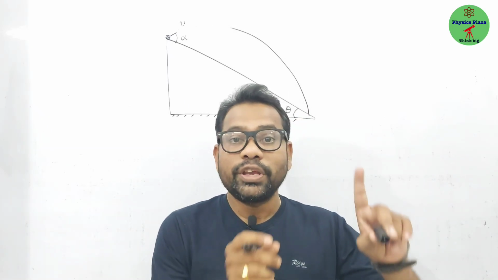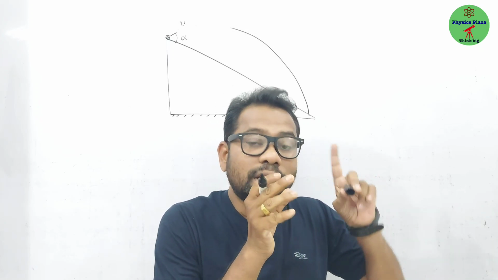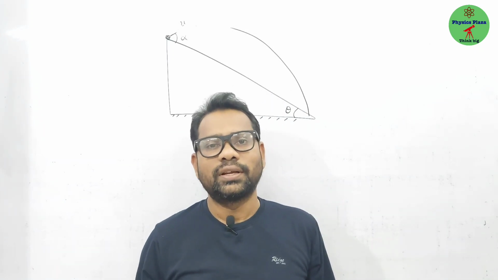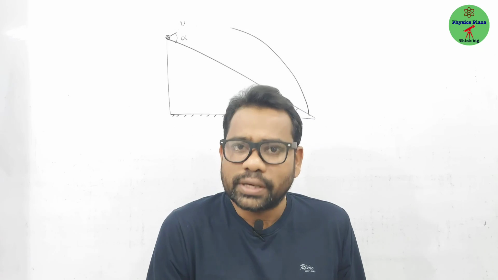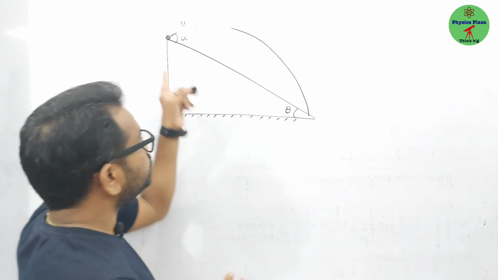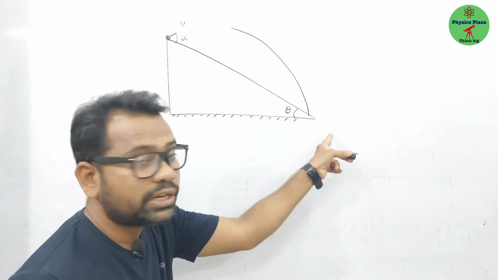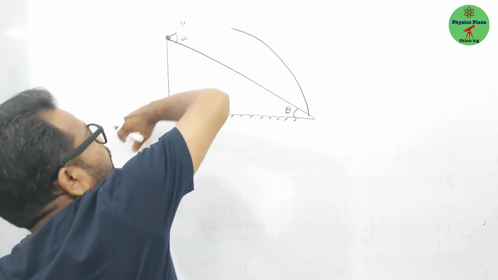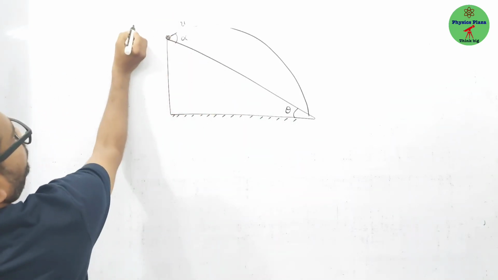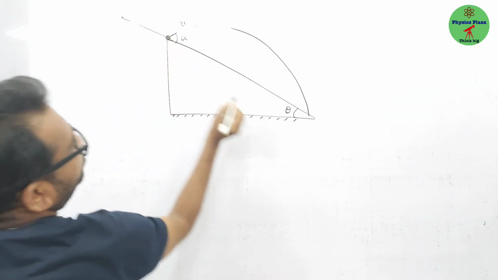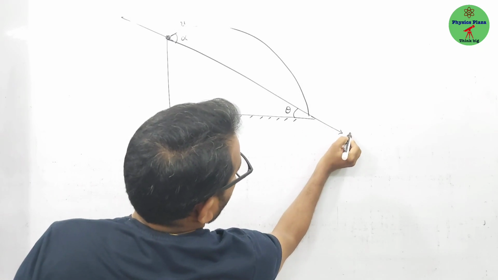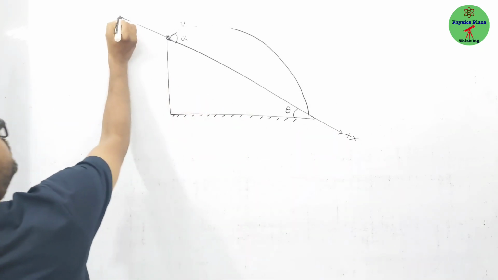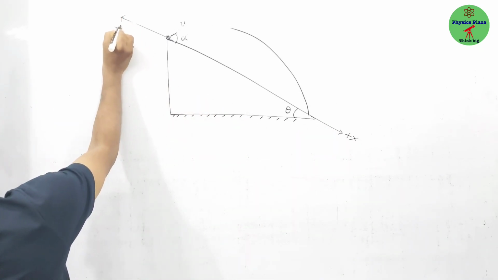For that we first need to decide the x-axis and y-axis. As I said in the previous class also, the x-axis is taken along the inclination and the y-axis is perpendicular to it. Let us say this is the positive x-axis, then this is the negative x-axis.